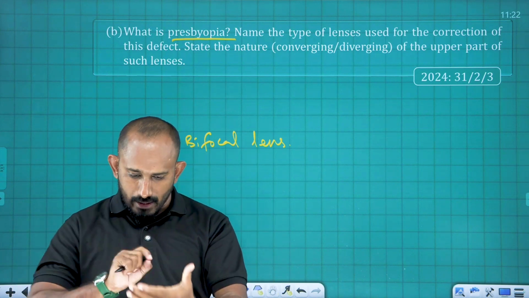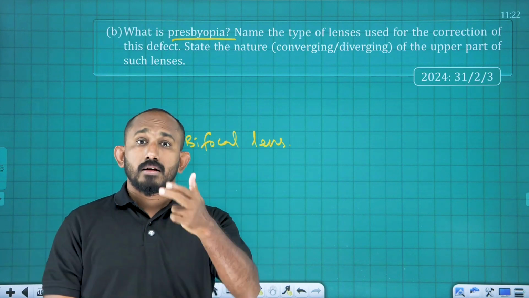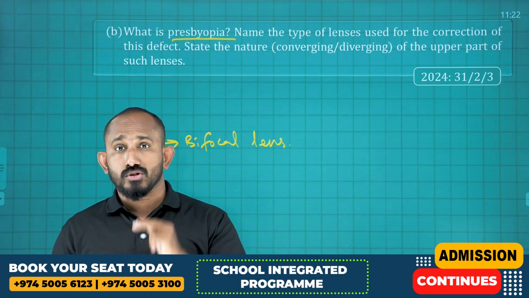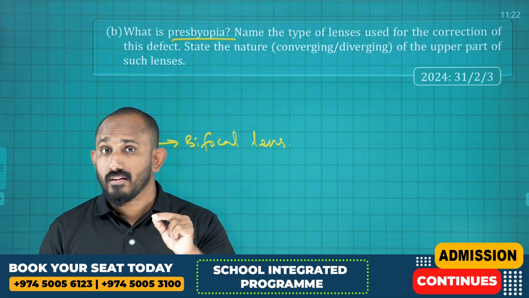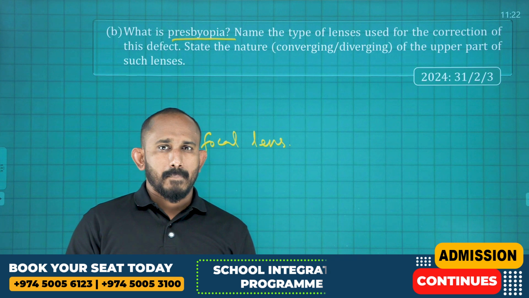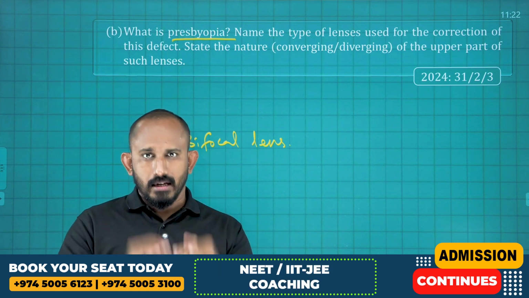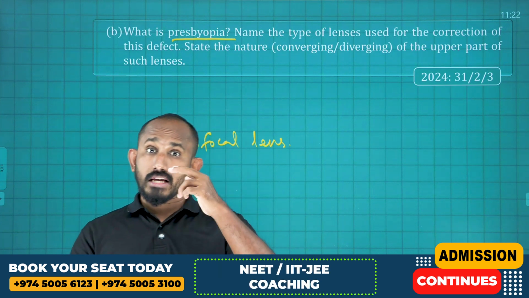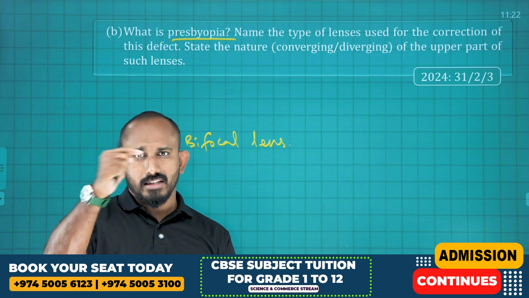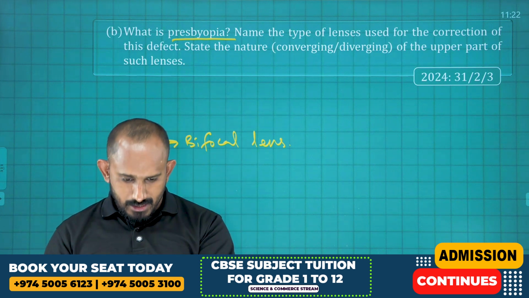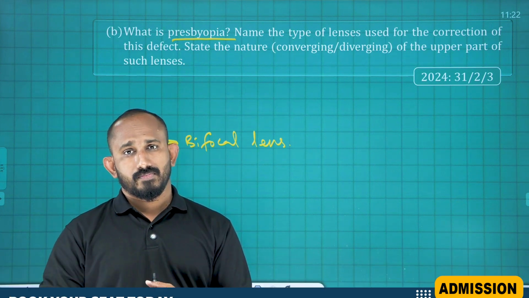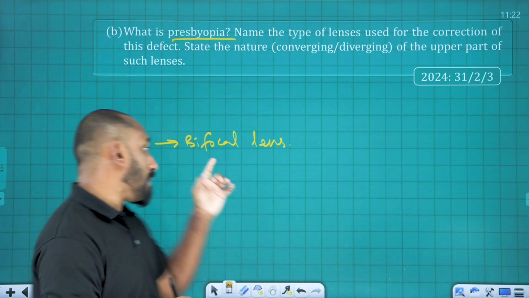While reading or writing, they need to see the nearby, and to correct that hypermetropia, they have to use a convex lens. So convex lens corrects hypermetropia and concave lens corrects myopia. Far distance, concave lens; near distance, convex lens. Hope you got it? So that is bifocal, how to use it.